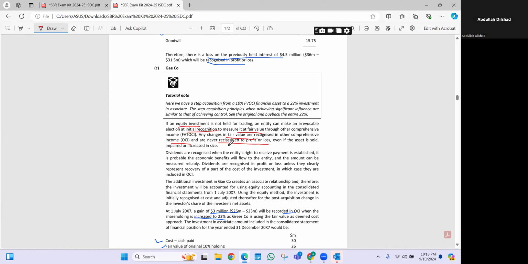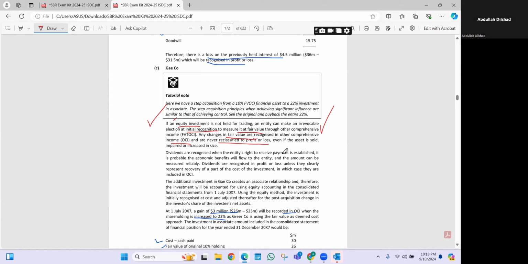So what do they mention? What are the key points needed to get your 1 mark? You all need to speak about your equity instrument. Speak about the treatment. Speak about your two conditions.